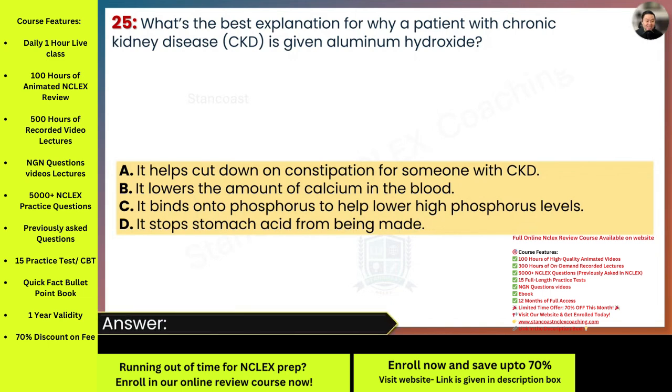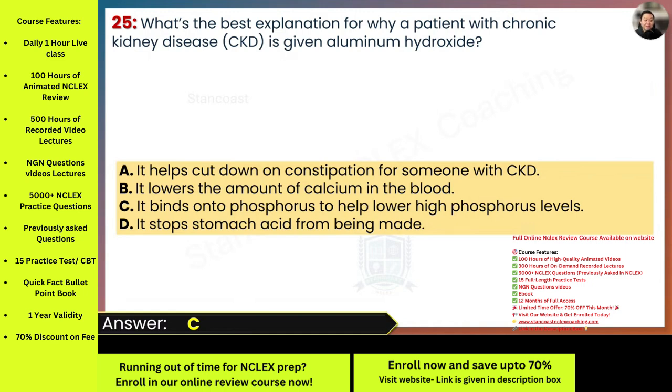The answer is letter C. The aluminum hydroxide is used in chronic kidney disease patients because they have high phosphorus levels, and the aluminum hydroxide will bind to the phosphorus in the intestines, which will allow it to be excreted through the stool.